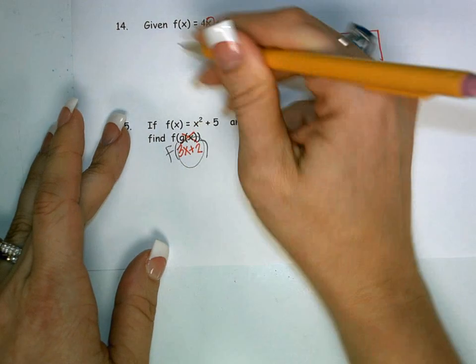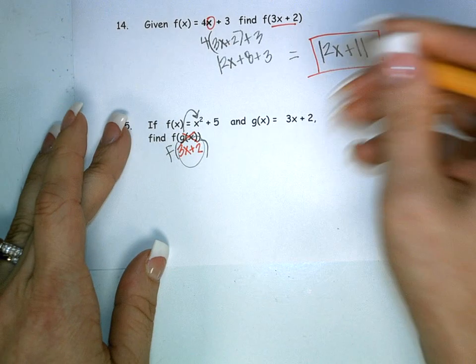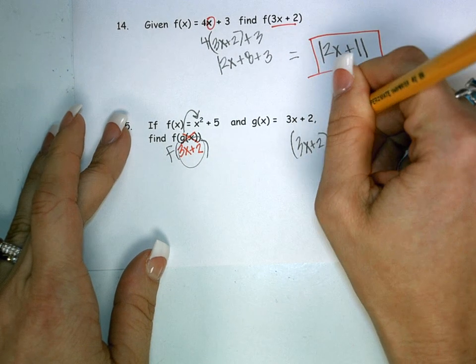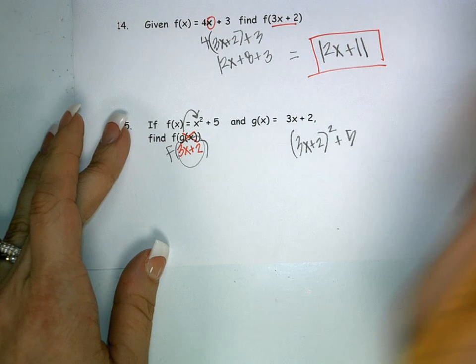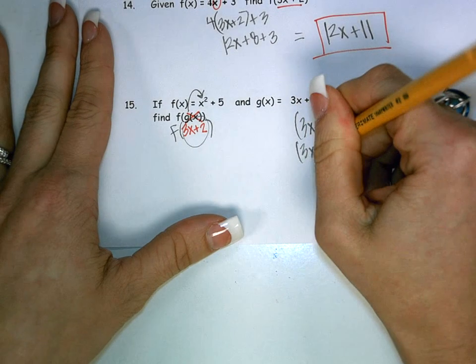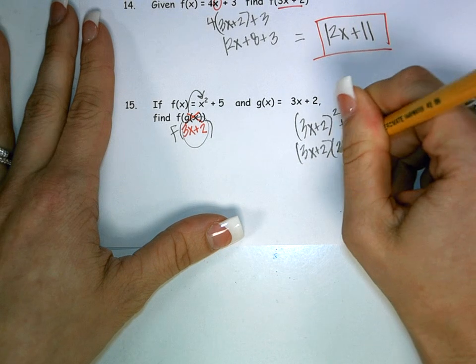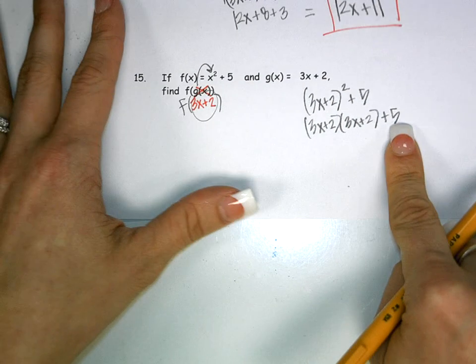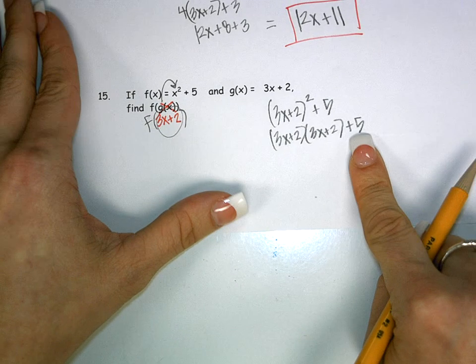So plug this whole thing in for x. So 3x plus 2 squared plus 5. Remember, you cannot distribute that square. You have to write it out twice. And you have a binomial, 3x plus 2 and another 3x plus 2. Don't forget the plus 5. A lot of people will forget this plus 5, and you can't do that.